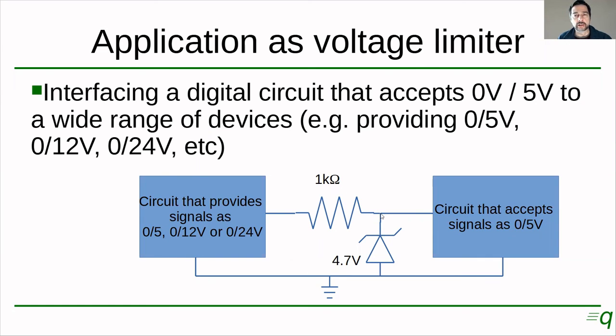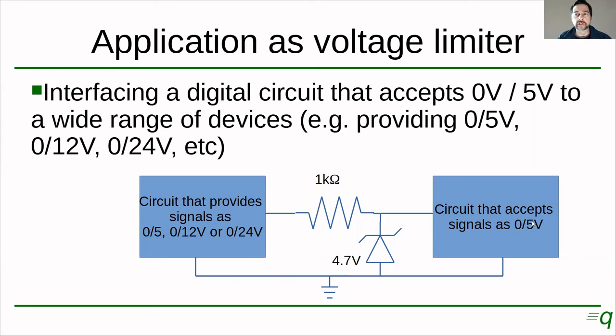When we put this circuit here, when the input is 0 volts, the output is going to be 0 because the Zener is not conducting and not turning on. And instead, when we have 12 or 24 volts, this Zener diode is going to start conducting, and it's going to be limiting the voltage to 4.7 or 4.8 volts, okay?